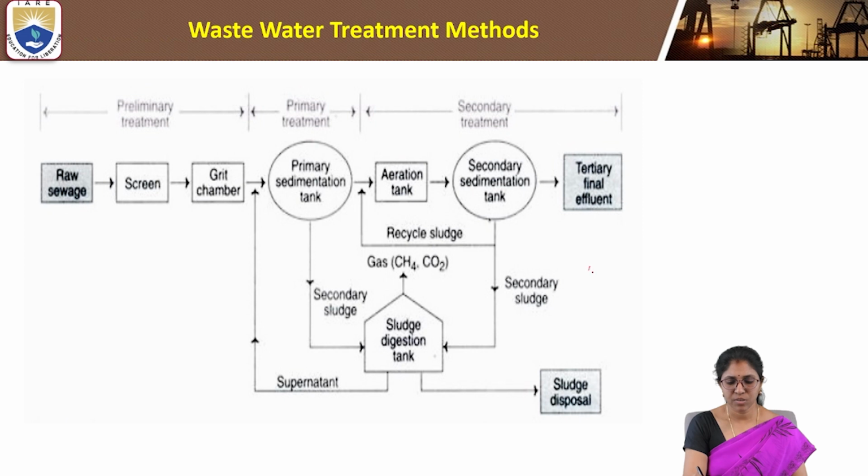So this is about the wastewater treatment method, primary method and secondary method. This is also one of the flow charts. In this we are producing sludge from the primary clarifier as well as the secondary clarifier. We have to process this sludge.